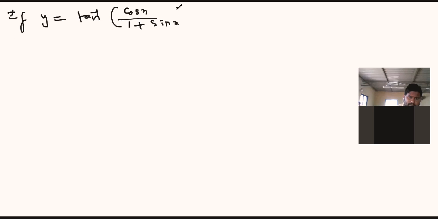So the next example is now the third example. That is, if y is equal to tan inverse of cos x by 1 plus sin x. You try this example. Find dy by dx.